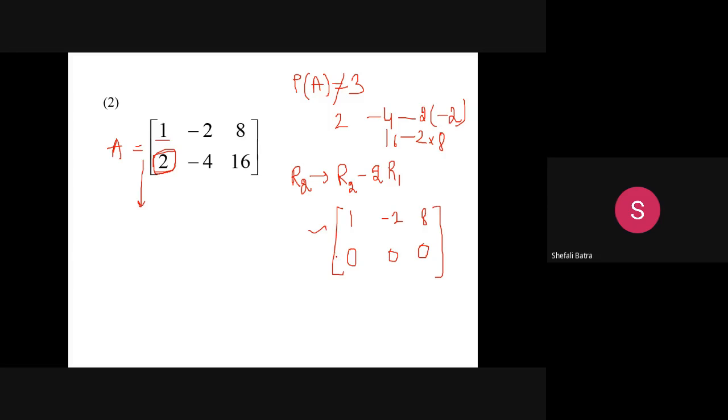After converting to row echelon form, you need to count the number of non-zero rows. This row is completely 0, so there is only one non-zero row, right? So you will write rank of a matrix is equal to number of non-zero rows, and that is equal to 1. So the rank of this matrix is equal to 1.